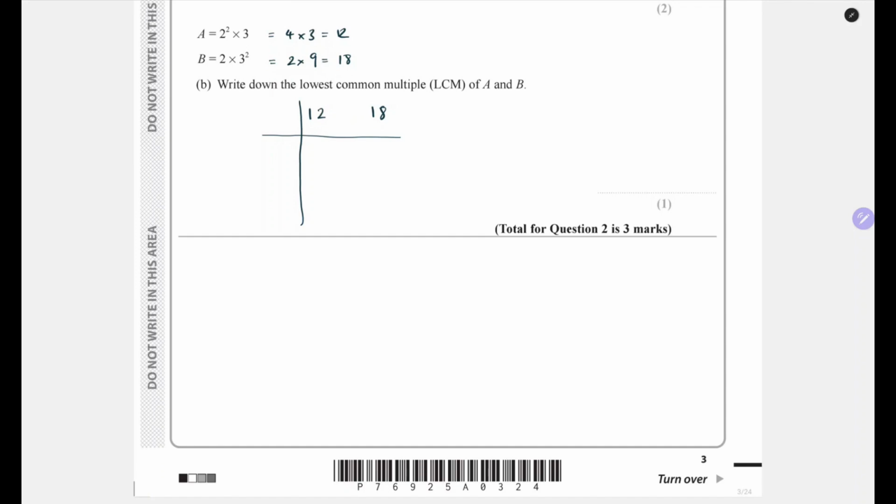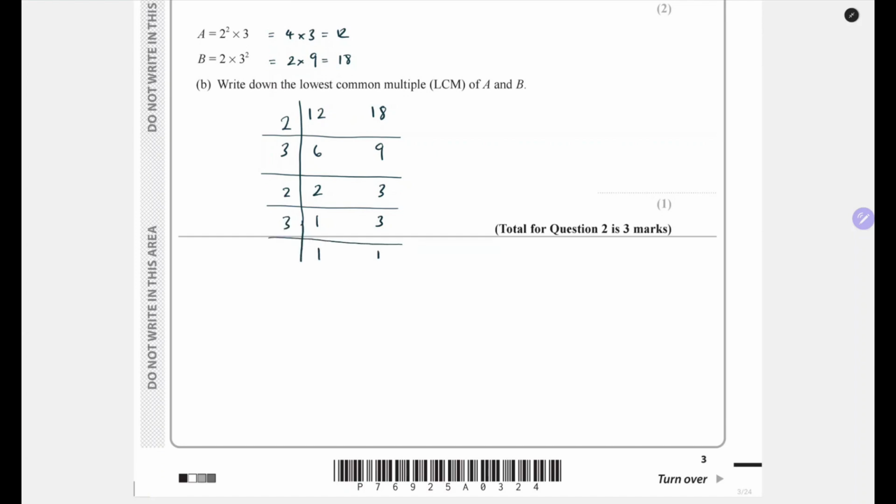Both 12 and 18 are divisible by 2. That leaves us with 6 and 9. Both 6 and 9 are divisible by 3. So that gives us 2 and 3. 2 is divisible by 2. So that gives us 1. And then 3 is divisible by 3.